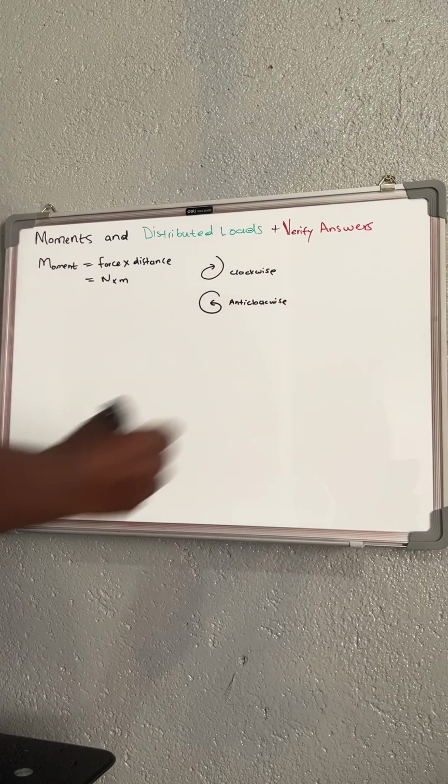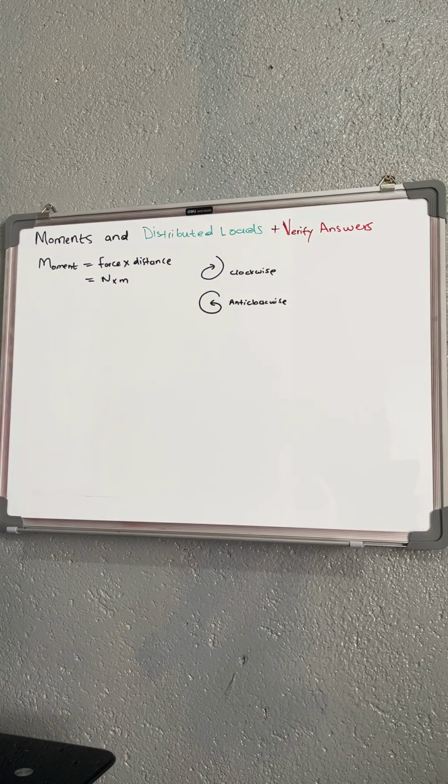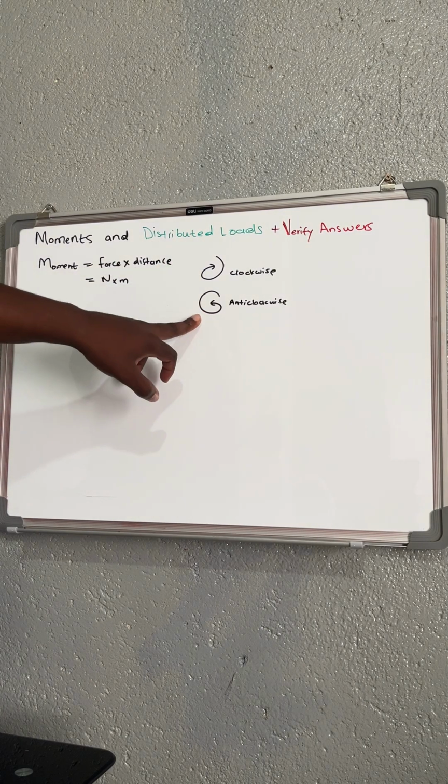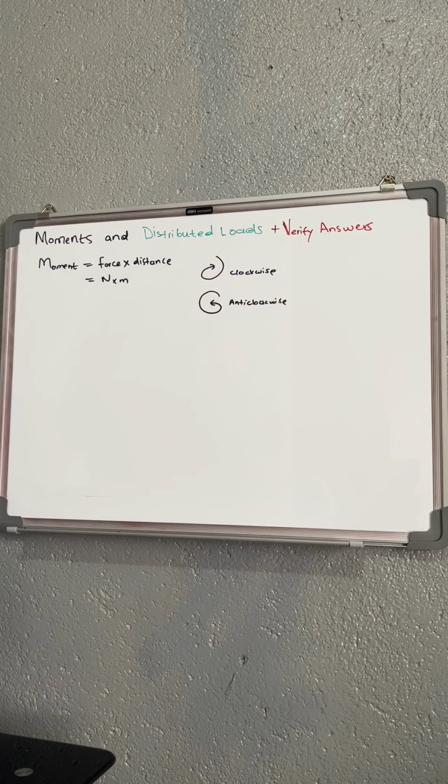Each and every time you are about to begin your calculation, you will decide if you are going to use clockwise as positive or anti-clockwise as positive. Then you do your calculations.